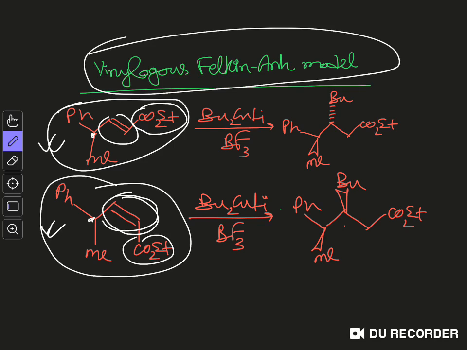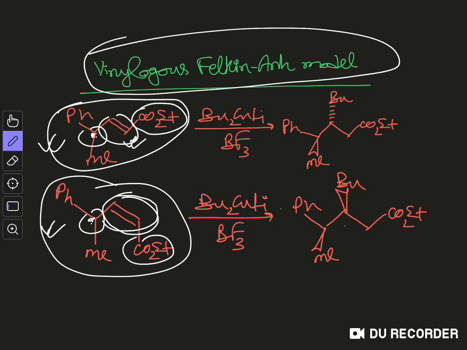Now the interesting outcome of this reaction is that in both cases the chiral center has the same configuration, but the only difference is the stereochemistry of the double bond. In the first one it is trans, and in the second one it is cis.